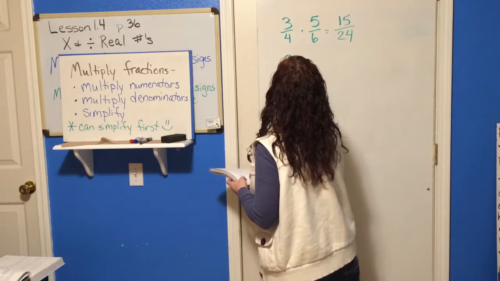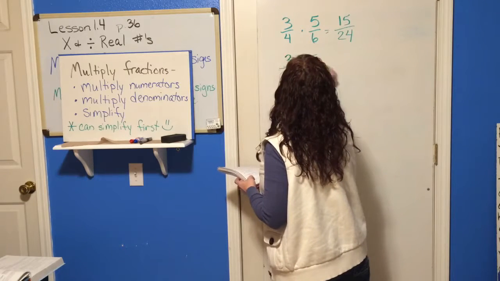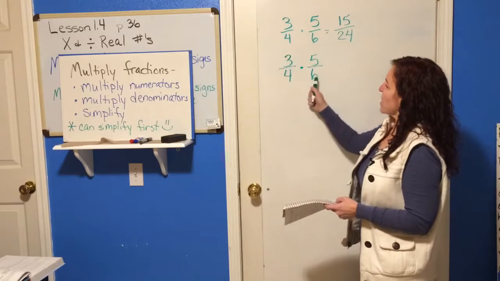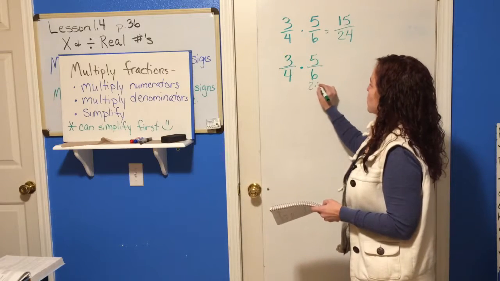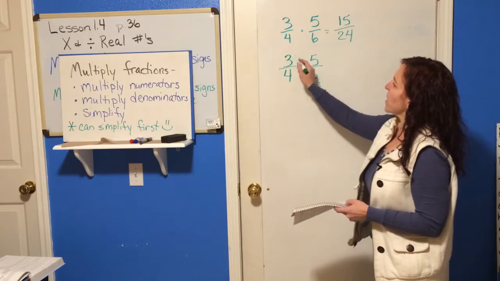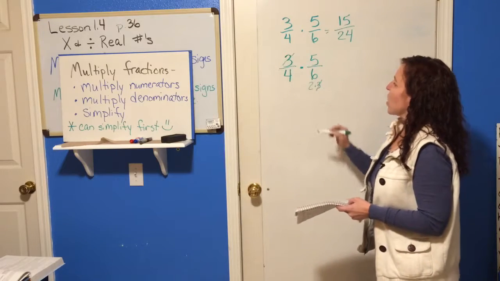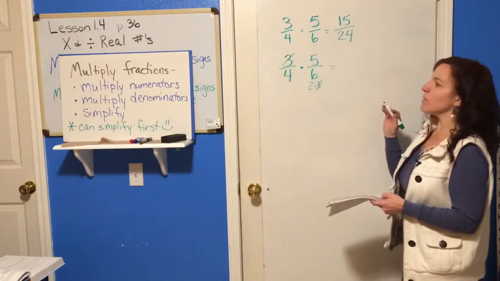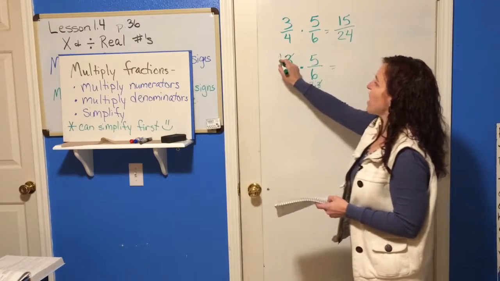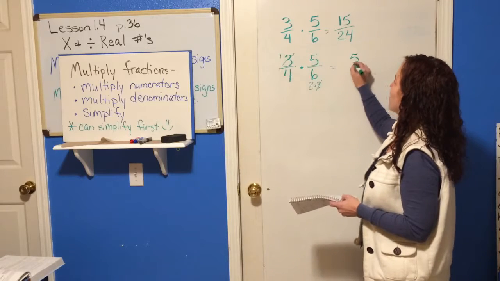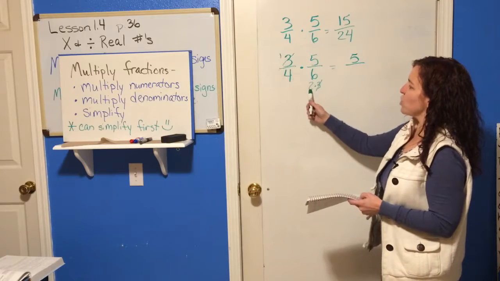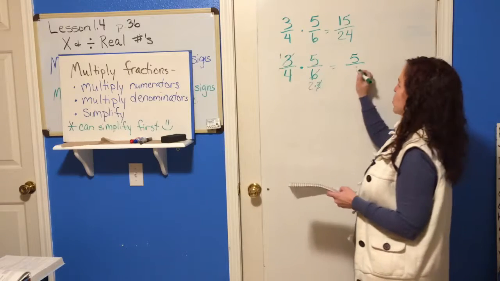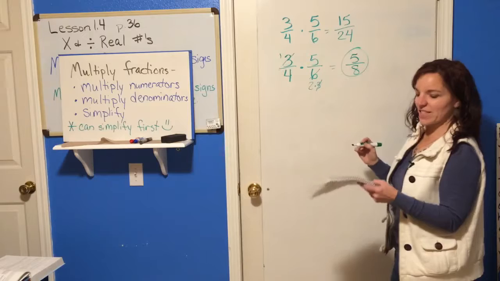Instead of reducing afterwards, you can look here and say 6 is the same as 2 times 3, and this 3 and this 3 are going to cancel out. So you can cancel this first before you even multiply. Now you just have 1 times 5 is 5, and 4 times 2 is what's left here because you changed this to 2 times 3. So 4 times 2 is 8. So 5/8 is your final answer.